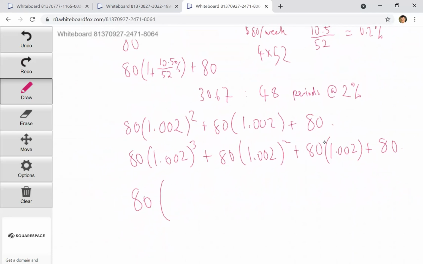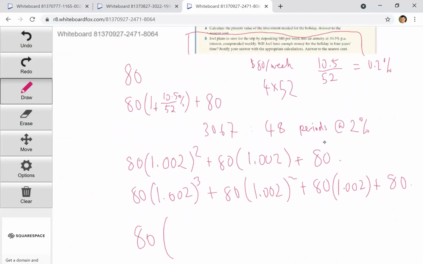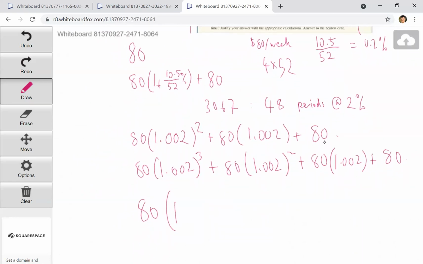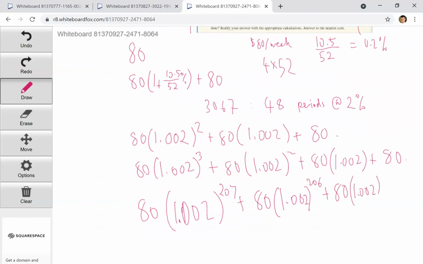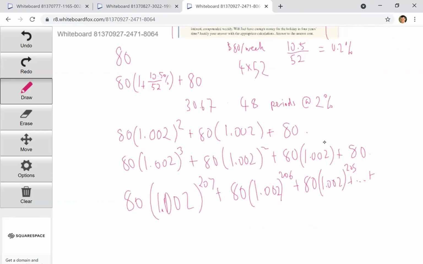It'll be something like 1.002 to the 207 plus 80 times 1.002 to the 206, and you keep going down all the way down to 80 again, yeah?